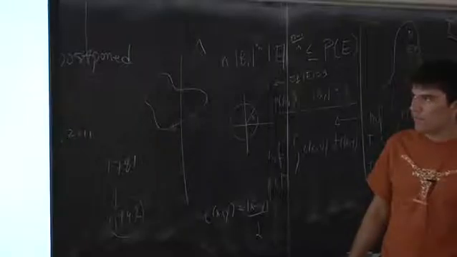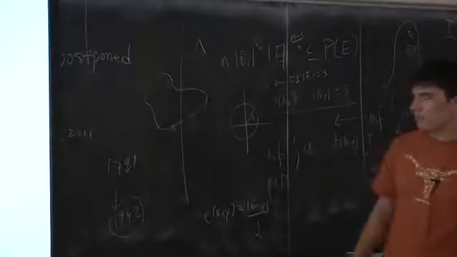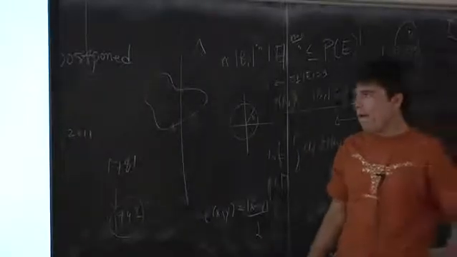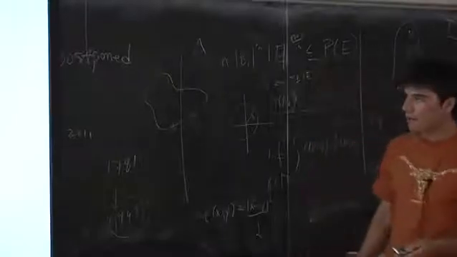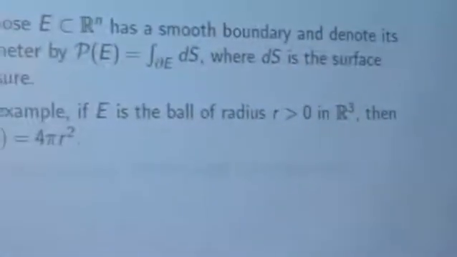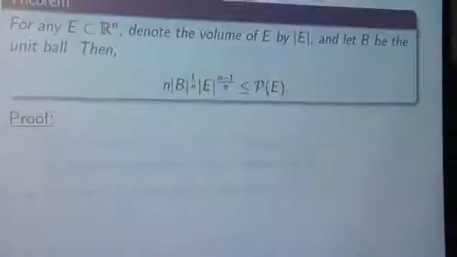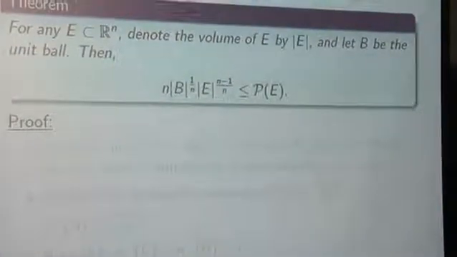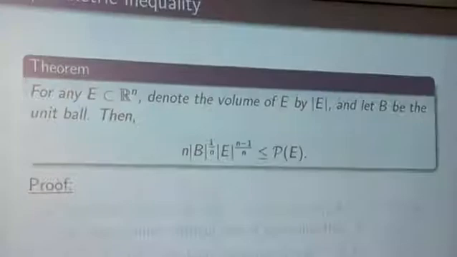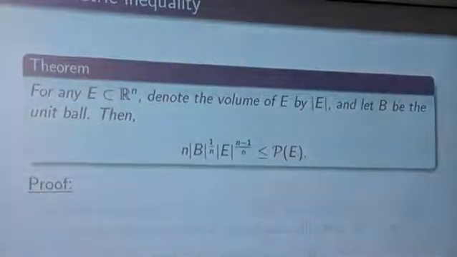Then we can calculate its surface measure. If it's a ball, then it's just 4 pi r squared. So this is the theorem that we're trying to prove, the isoperimetric inequality, the Euclidean case. And let's prove it, because we have all the tools.